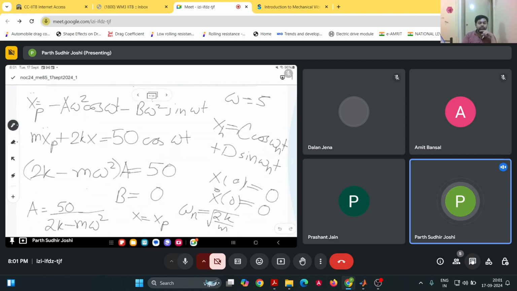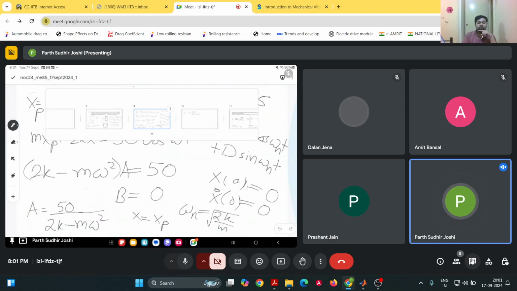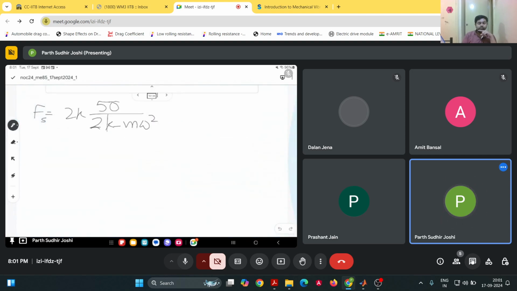So the net force will be 2kx, where x is the steady state amplitude, so 2k into the steady state amplitude of the displacement. This will give you the value of the total dynamic force that is being transferred through the springs to the ground.